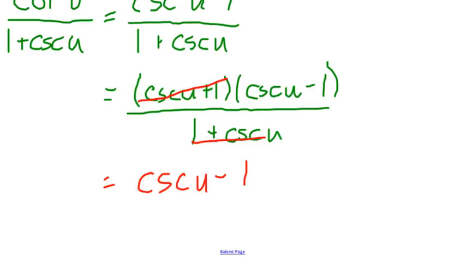At this point, it's hard to be creative and think of a way to continue on and get to the right side of the equation. Okay? So one strategy we can use when we get these difficult problems is to start with the left side of the equation and simplify it to a point where we can't continue anymore.